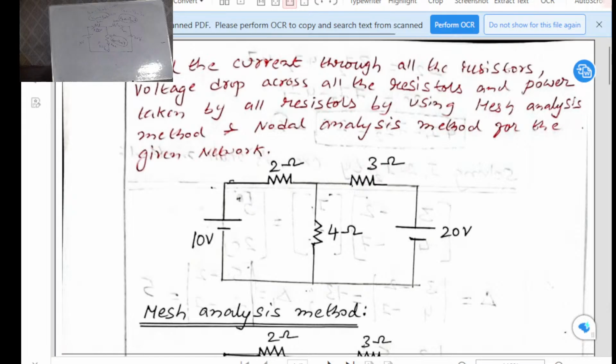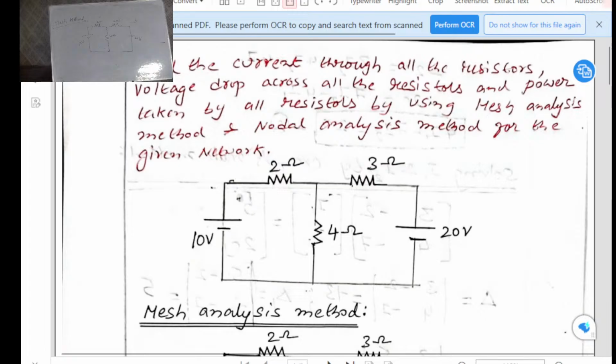Now the heading is mesh analysis method, or mesh method.